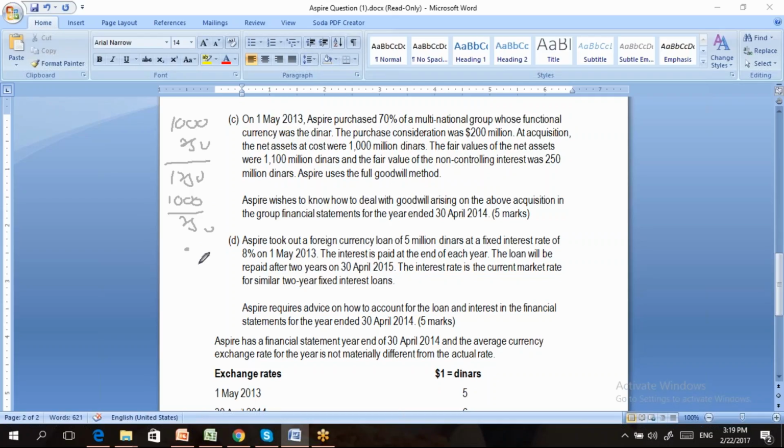The consideration was 200 into 5, which is 1,000. Then the non-controlling interest of 250 gives 1,250. The net assets were 1,000 million. So the goodwill on the date of acquisition is 250 million. Is it correct? Yes, goodwill on the day of acquisition is 250 million.